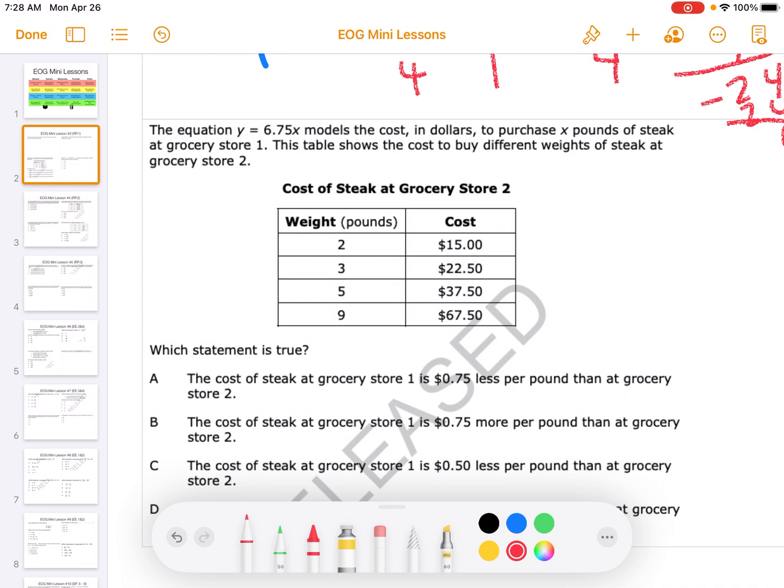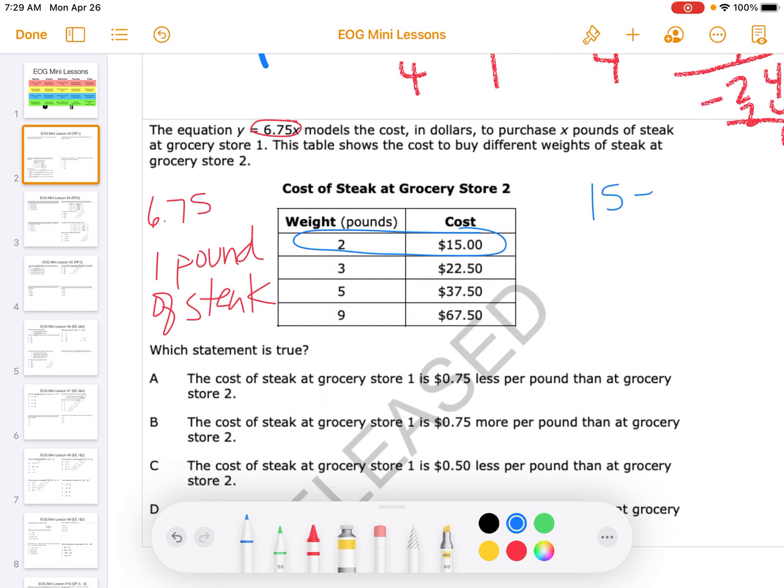Well, I know based on the equation that $6.75 is for 1 pound of steak. So now I have to figure out, what's grocery store 2 going to be? So I have $15, and I'm dividing it by the 2 pounds of steak, so I can figure out what's 1 pound of steak? $7.50.